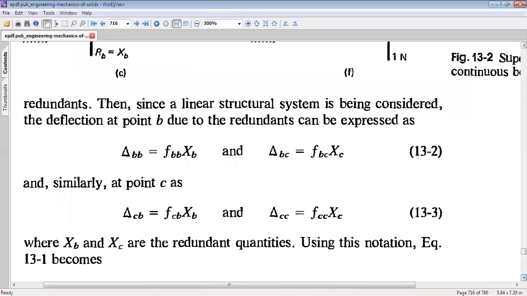Flexibility coefficients FBB and FBC are defined as in equation 13.2, where we can see Δ_BB equals FBB times capital XB and Δ_BC equals FBC times XC, where FBB is deflection at point B due to unit load at point B, and FBC is deflection at point B due to unit load at point C. FCB is deflection at C due to unit load at point B, and FCC is deflection at C due to unit load at C. So here we can see how we can express Δ_BB, Δ_BC, Δ_CB, Δ_CC in terms of flexibility coefficients FBB, FBC, FCB, and FCC respectively.